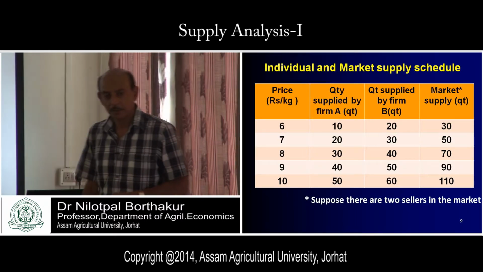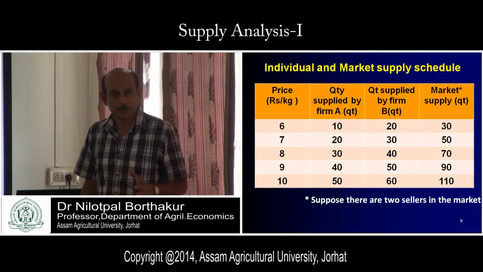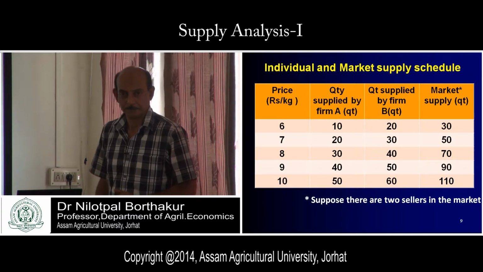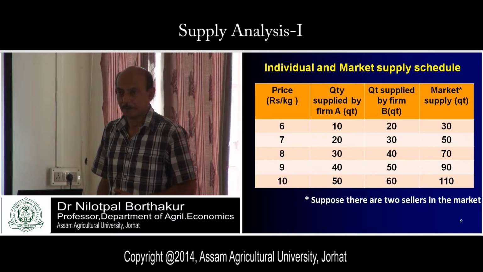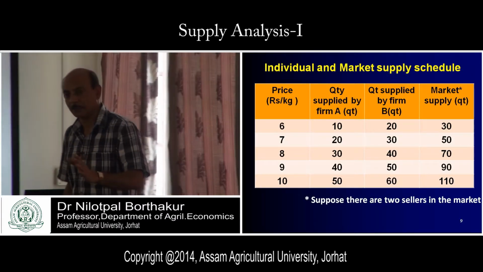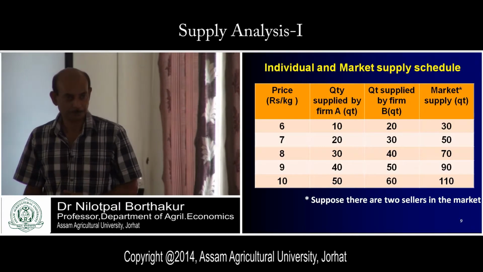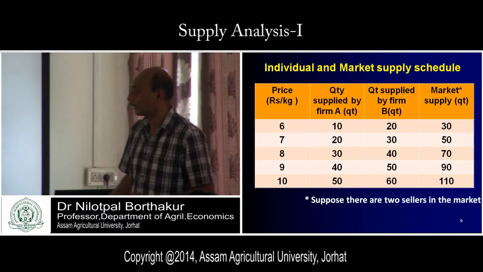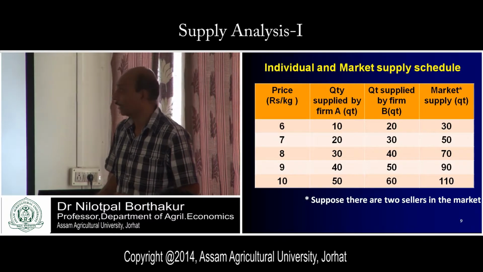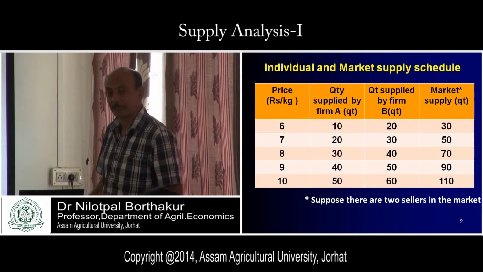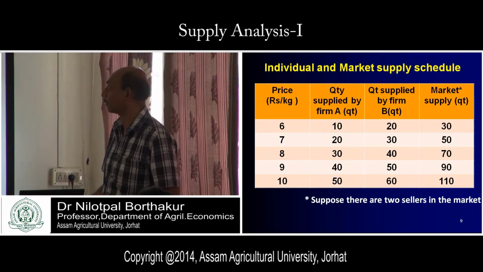Now, if we want to estimate the market supply schedule, market supply is nothing but the summation of all individual supply schedules. Since there are two sellers, at rupees 6 per kg, the total quantity offered for sale in the market by these two sellers comes to 30 quintal.